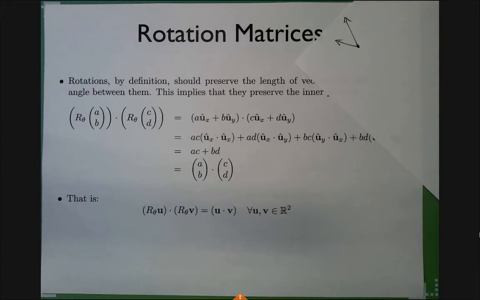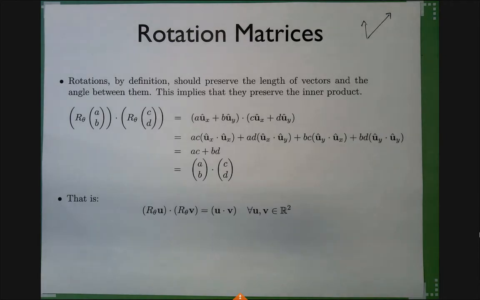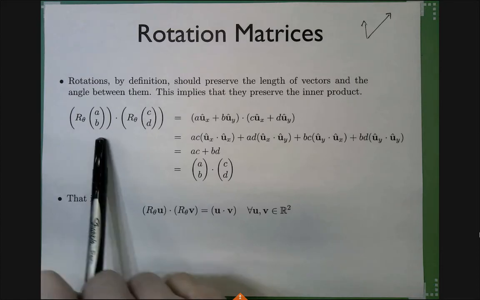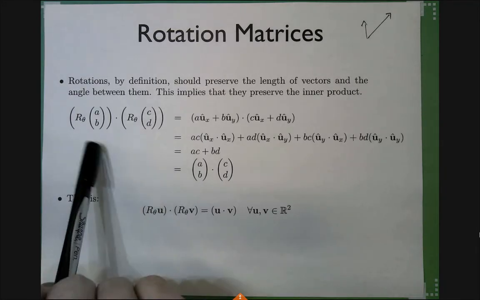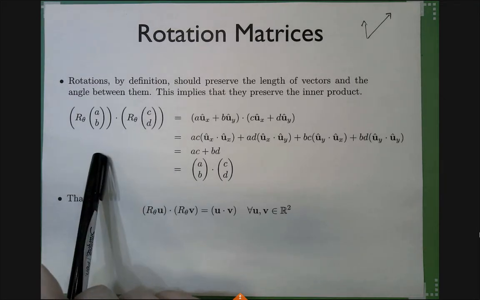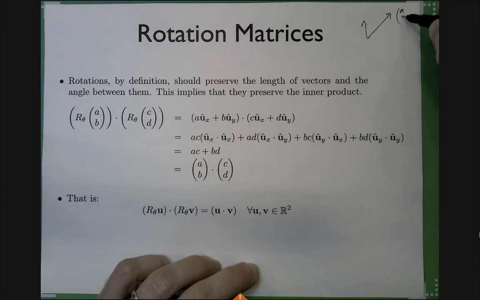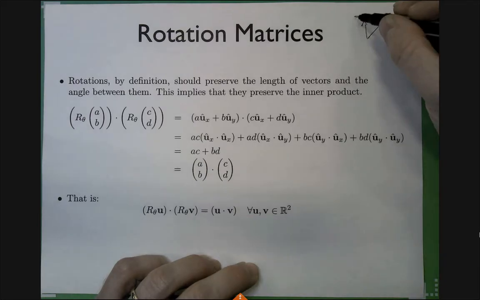And because both angles and lengths are basically just different aspects of the inner product, it suffices to show that rotation matrices preserve inner product or dot product. So let's take a look at it. The proof is right here. It's fairly simple. So if my first vector has coordinates AB and CD, so let's imagine this guy has coordinates AB and this guy has coordinates CD. They are both 2D.